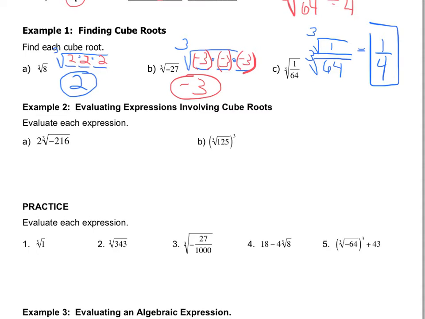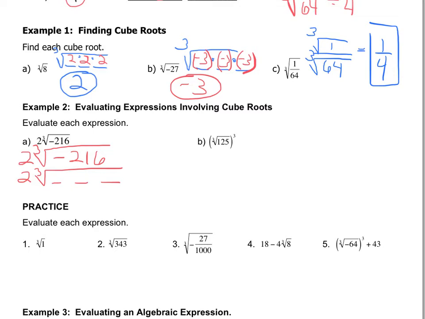Evaluating an expression. So again, thinking of PEMDAS here, exponents we said were the same thing as square roots. They're also the same thing as cube roots. So they are still an exponent. The first thing I want to do is figure out what is the cube root of negative 216. If I break this down, I need three numbers multiplied together to get negative 216.